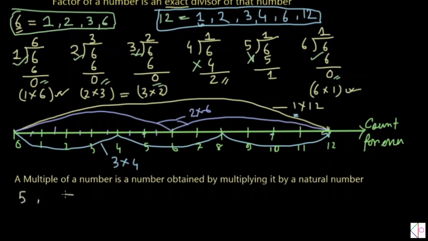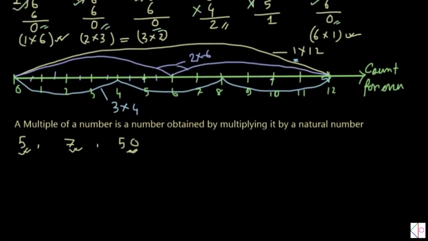Let us take 3 examples of whole numbers, that is 5, 7 and 50. We have to find out the multiples of 5, 7 and 50 from tables. 50 is a large number. Anyway, we can find out the multiples of 50 easily. So let us take the table of 5.